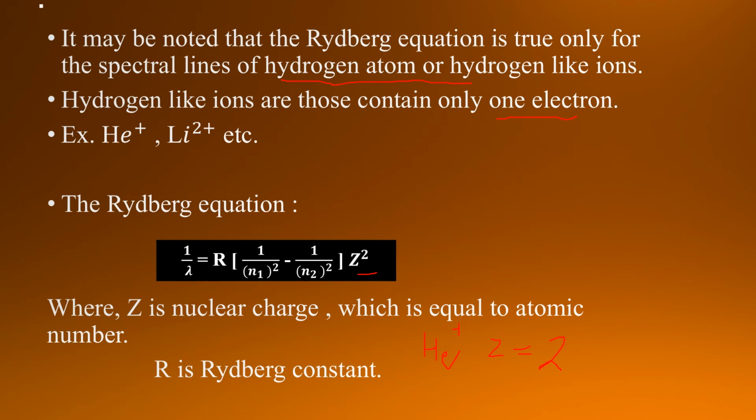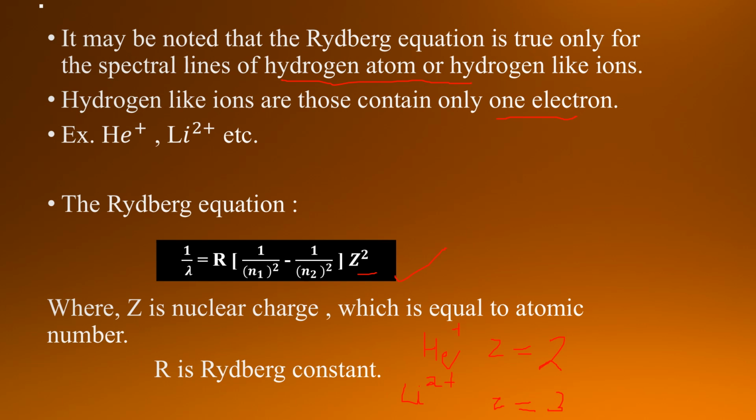If we have to calculate spectral lines for helium ion, in place of z in the Rydberg equation you have to write 2 square. Similarly, if we have to find the spectral lines for Li2 positive ion, we know the atomic number of lithium is 3, so in place of z you have to write 3 square for lithium ion.